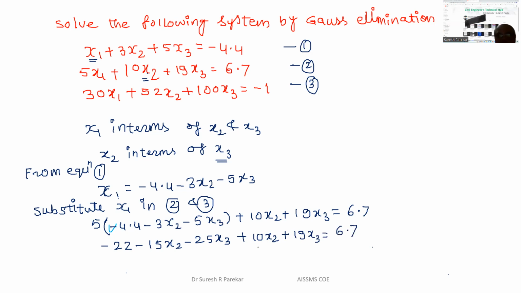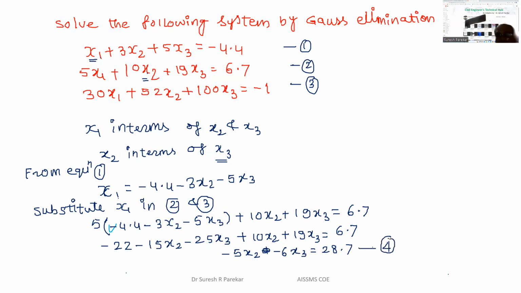Now if you solve this, we have minus 15 plus 10, so minus 5x2, then minus 25 plus 19, so minus 6x3, and then 22 goes on this side, so equal to 28.7.